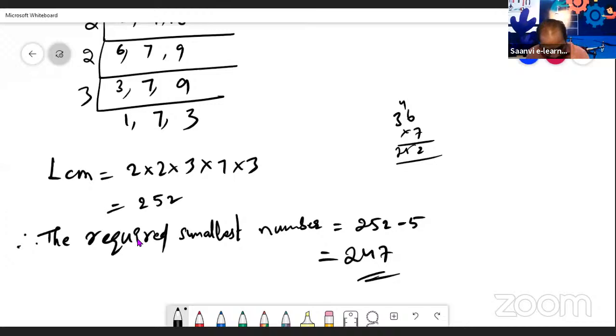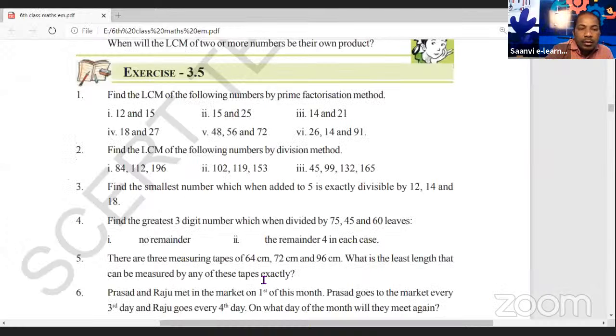Now, in the same way, the next question, see here, the fourth question is given.